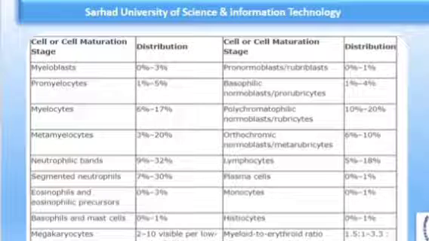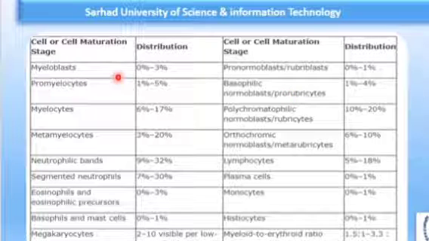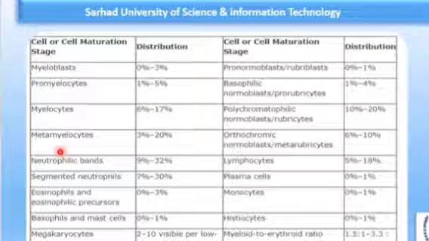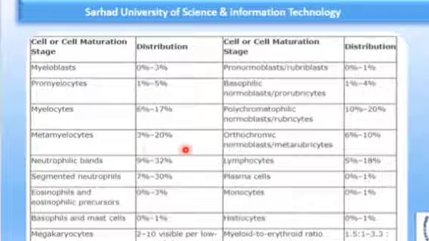Then this is a normal hemogram of the bone marrow. These are the normal values. Normally the myeloblast count is 0 to 3%, promyelocytes are 1 to 5%, myelocytes are 6 to 17%. Metamyelocytes normally found in the bone marrow are 3 to 20%.